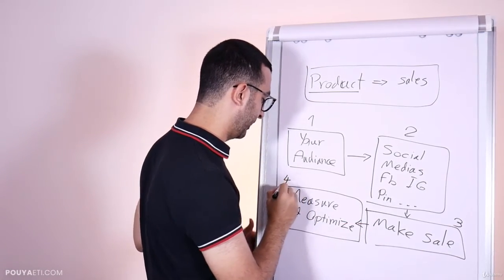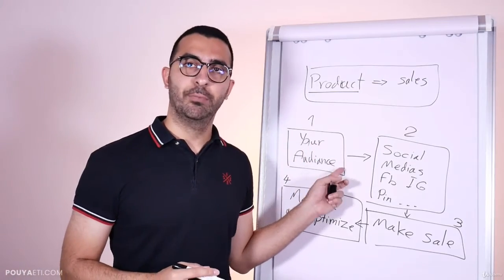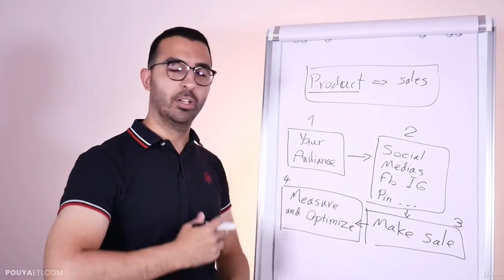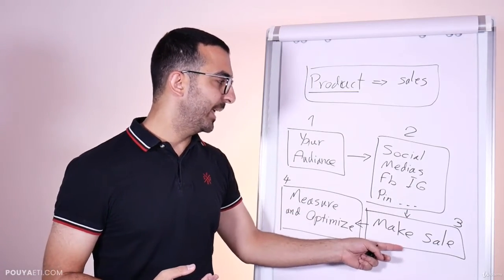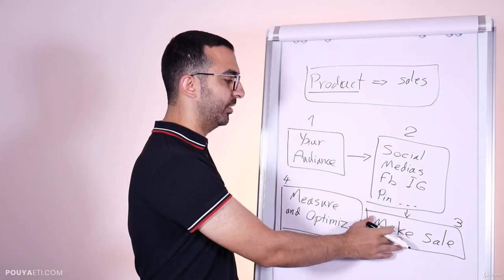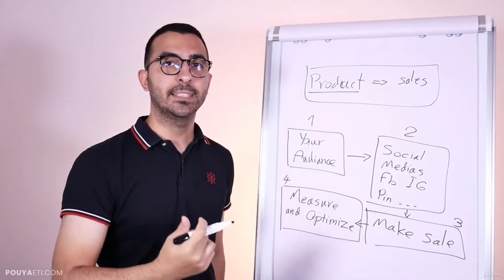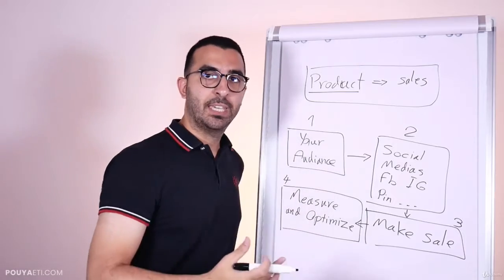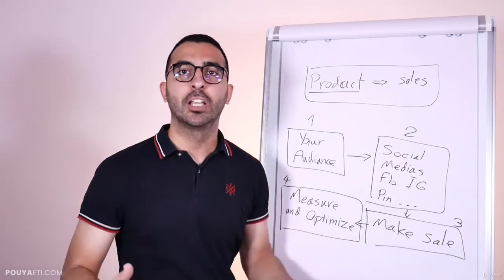Let me write it. So you have been searching for your target audience, know them, put your product there, convince them to buy, and then after making sales, you have to take a look at the whole process and make optimization, measure everything, analyze everything.